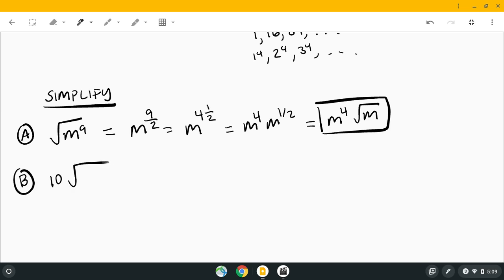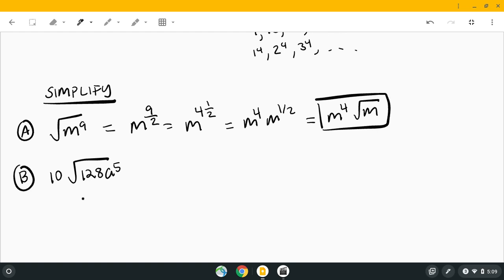Let's have 10 outside, square root of 128a to the 5th. All right, so first of all, let's take care of the number first. So that there I can use here. I'm going to bring that 10 over. I'm going to break this up.